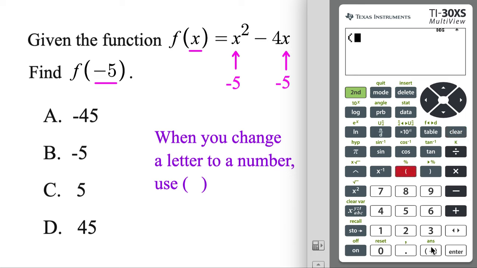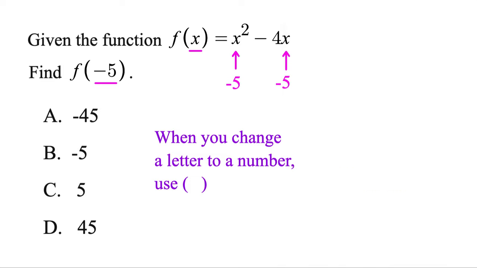We'll start off parentheses -5, close, then we have a squared, put it on the outside there, then -4 parentheses, -5 again, and enter. 45. And that's it. So it's just a substitution, and then just put these in parentheses, and you're good.